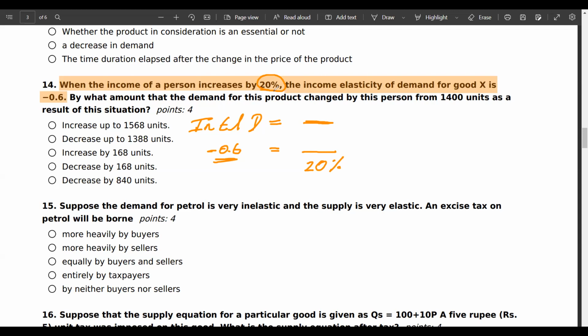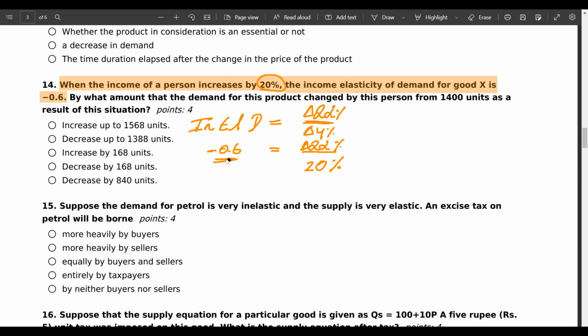We only know that an income change has happened and that change is 20%. So you put that here, percentage change in income below, and on top, what do you have? Percentage change in quantity demanded. Percentage change in income, we know, is 20%. We don't know the percentage change in quantity demanded, but whatever value you put here will get us this minus 0.6.